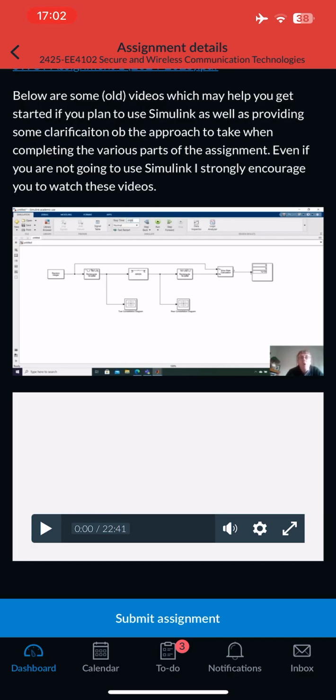So you can't be running it for 10,000 steps. That's only 10,000 symbols. If you're only expecting to see 1 in a million symbols in error, you're not going to see any. So you will need to change that runtime if you're expecting very, very low symbol error rates.